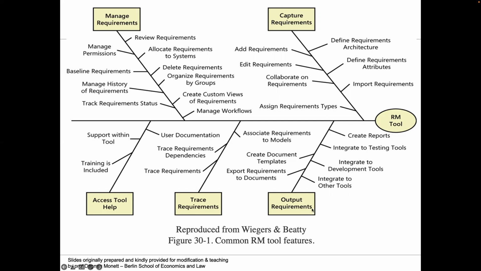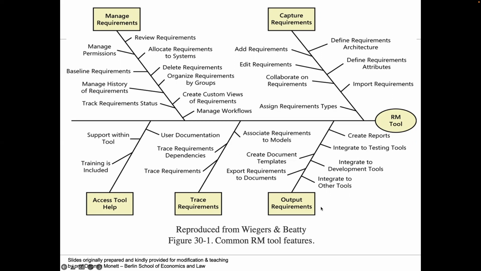So for example, in the output, you create a report, right? That you have already done. And as you go further in your upcoming courses, you're going to integrate some testing tools as well in your report. Then come the development tools and some other tools.